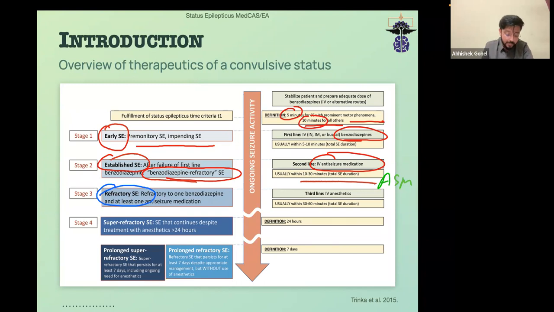That is when you start straight away with a third line drug, that is IV anesthetic agent. We will come to what all these third line drugs are. But for time being, your onset to IV anesthetic time should not be more than 30 minutes in motor seizure and not more than 60 minutes in a non-motor seizure.